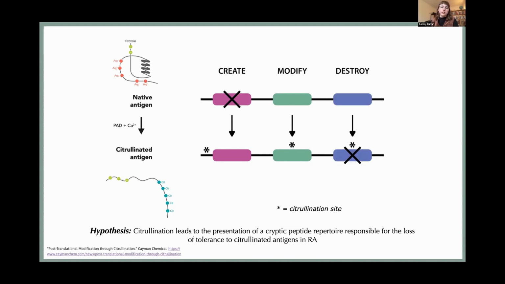And finally, you can also get the destruction of previously dominant peptides through the creation of cleavage sites potentially inside of this region, or changing and maybe masking these regions through new protein folding, leading to the destruction of that peptide. And so this would result in the presentation of this cryptic peptide repertoire, which could be potentially immunogenic and lead to the activation of autoreactive T cells. That was our hypothesis going in.